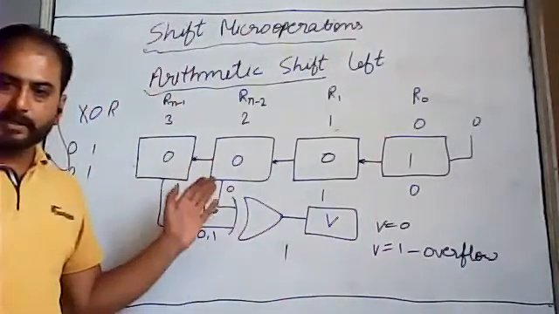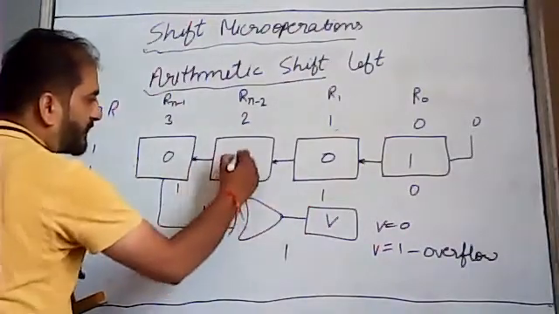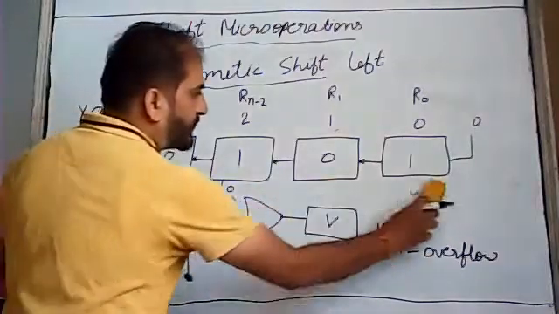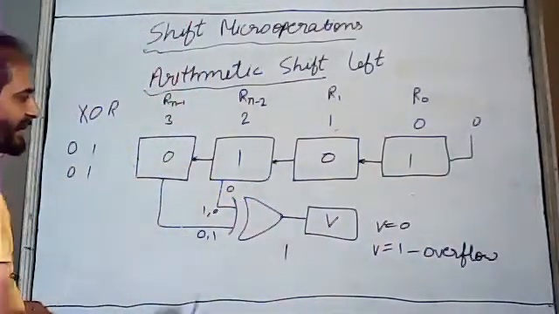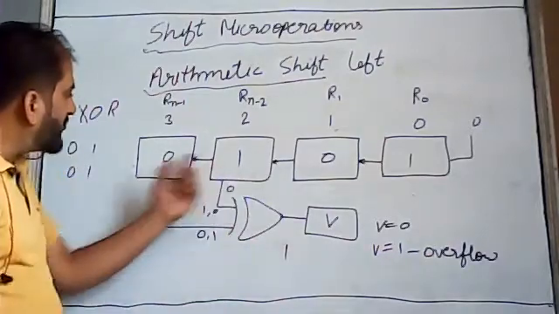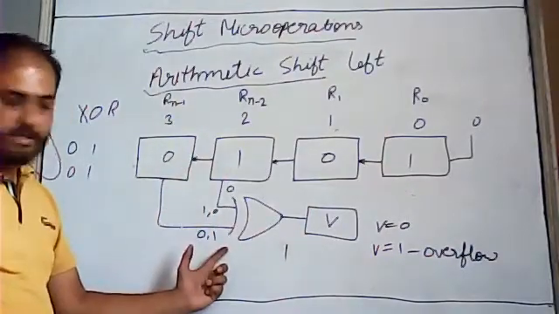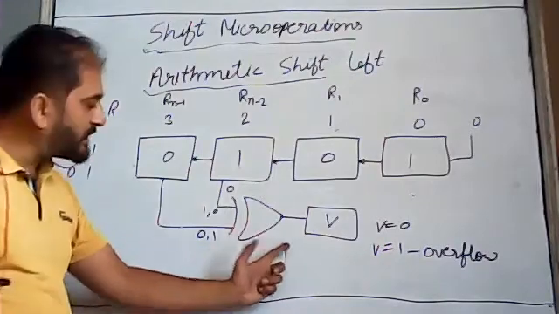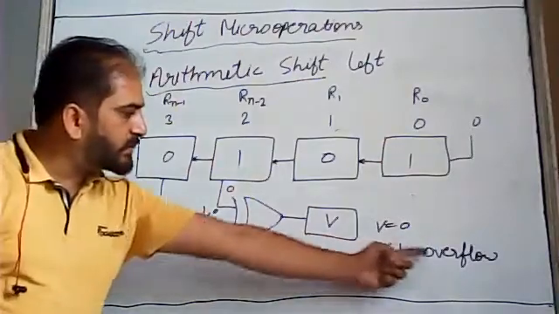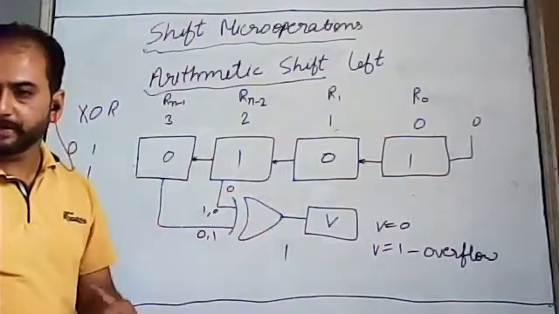For example, in this case, let us suppose we have data, and when you shift the data, we check the overflow condition. If these two bits are not equal, the output of this XOR gate is 1, and this 1 is stored in the V flip-flop. If V is equal to 1, there is overflow, and we need a sign reversal.